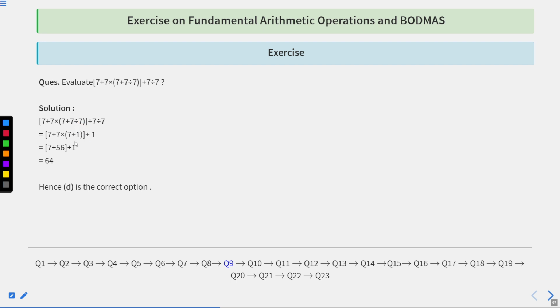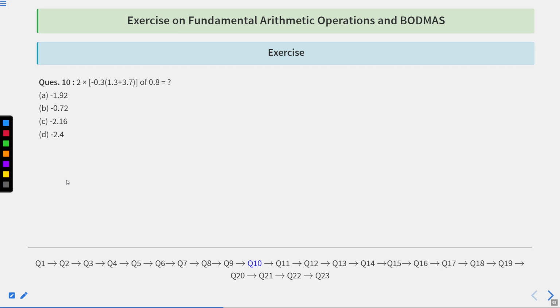So 7 divided by 7 will be 1. So this is also 1. Okay. And 7 plus 1 is 8. So 8 times 7 is 56. So we will have 7 plus 56, which will be equal to 63 plus 1. Okay. So it is 64. So the correct answer here is option number D.